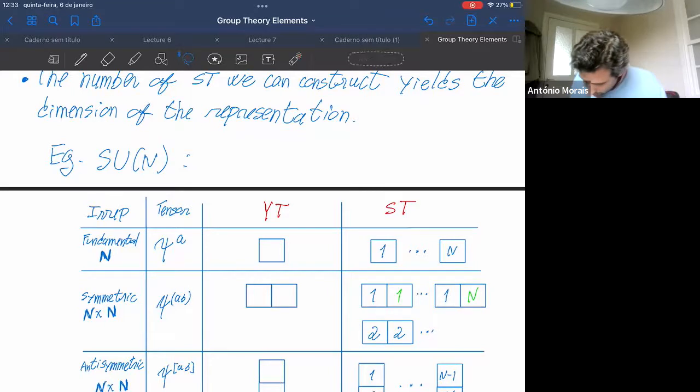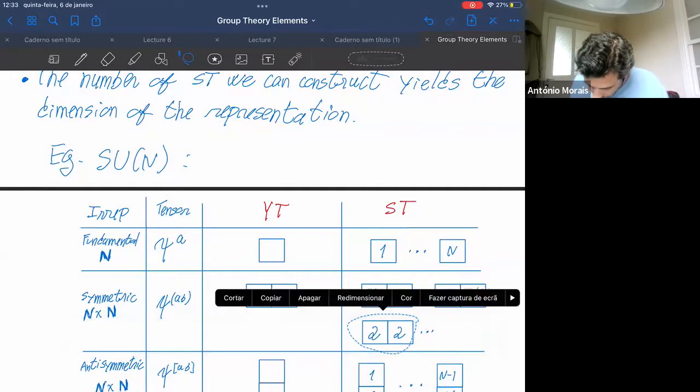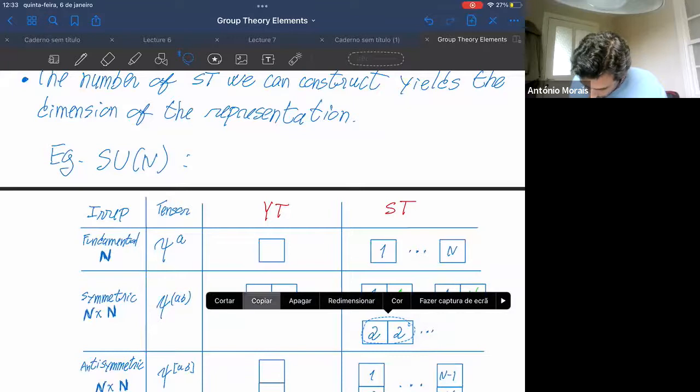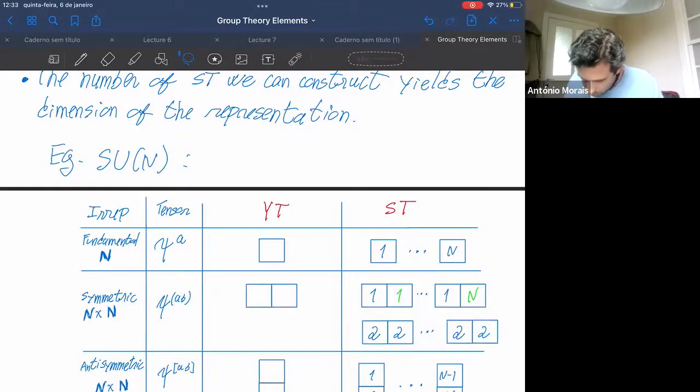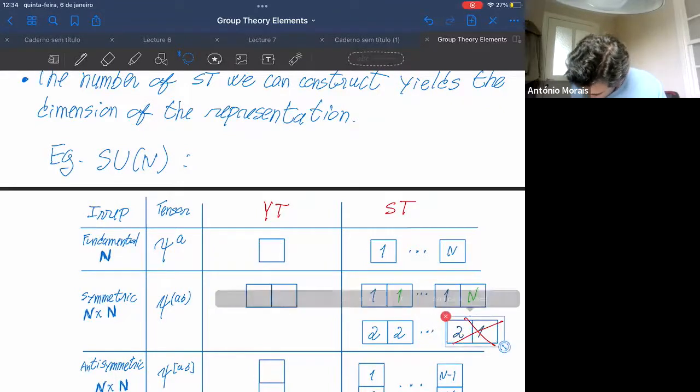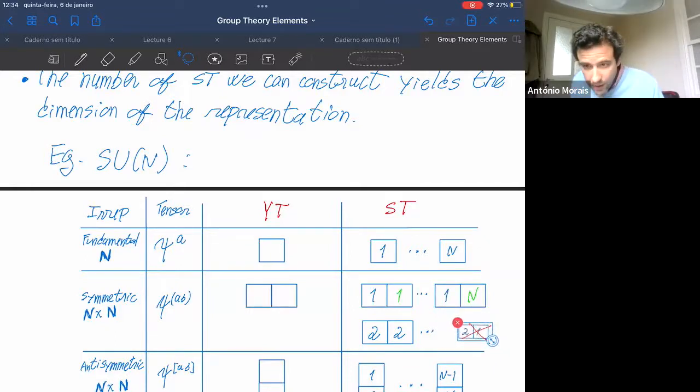If you have something, for example, like 2 1, this is not possible because this does not respect rule number A. This is just a side comment.